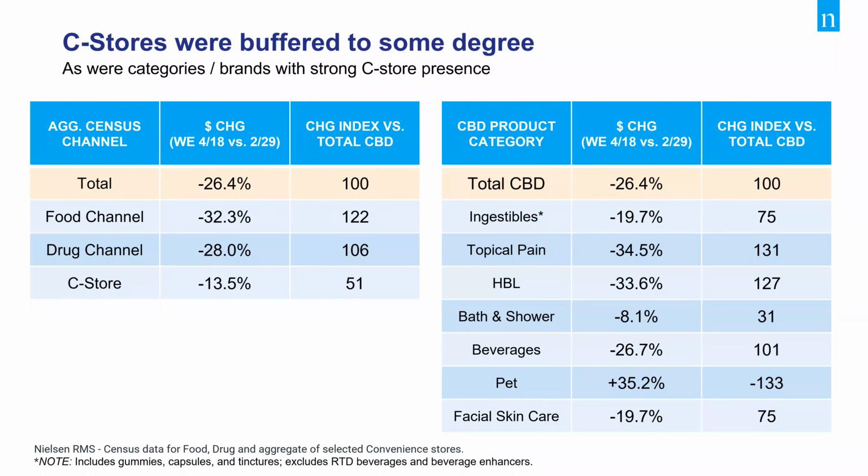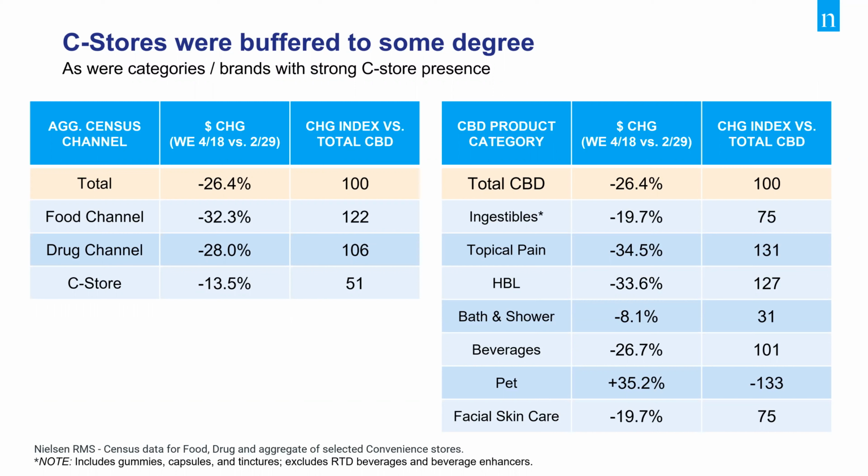And to support that assertion, we can also look at some of the changes we saw in sales by actual CBD category. If we look at ingestibles, for example, products like gummies, tinctures and capsules, they fell 25% less than the total aggregated hemp CBD category. Something like a topical pain reliever or a hand and body lotion fell more significantly than ingestibles.